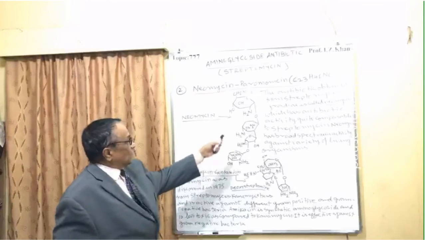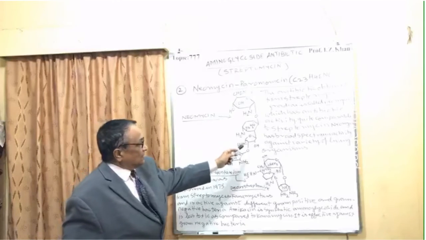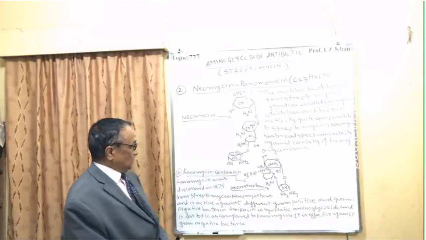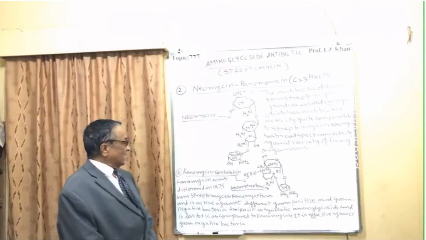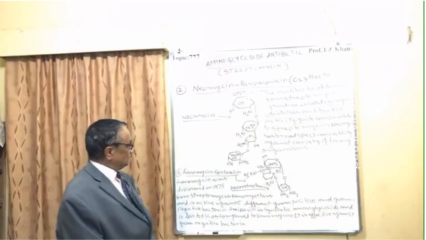So 3 are pyranose rings, and 1 is a furanose 5-member ring.